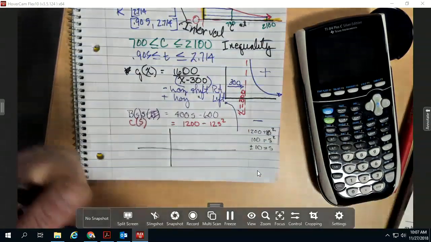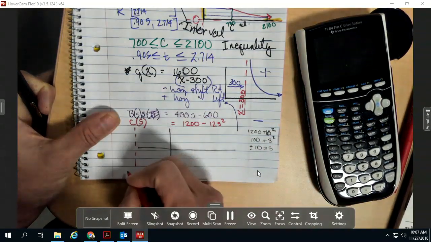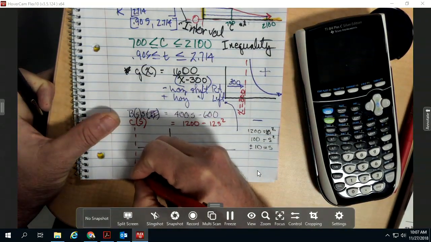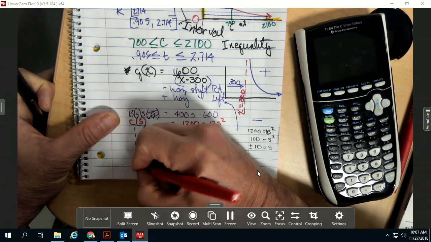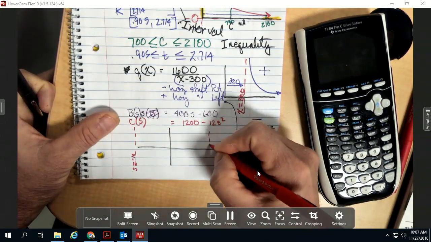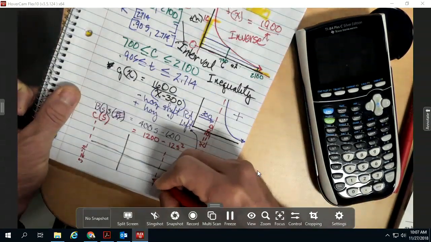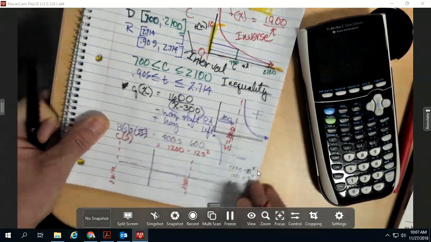So we have a vertical asymptote at negative 10. That's a screen size of negative 10. And we have a vertical asymptote where the screen size is positive 10 inches.